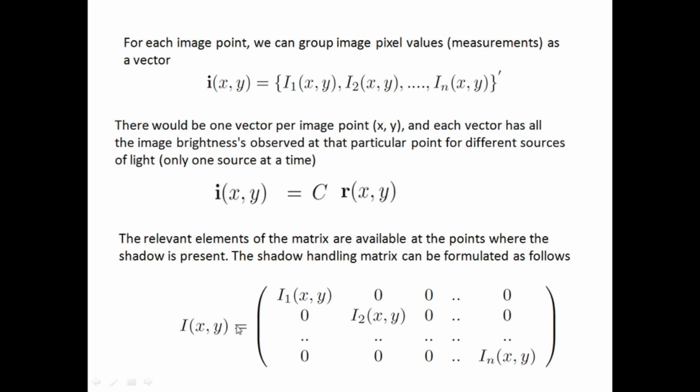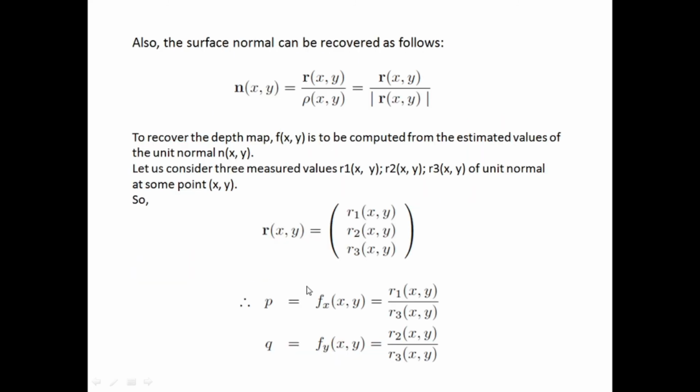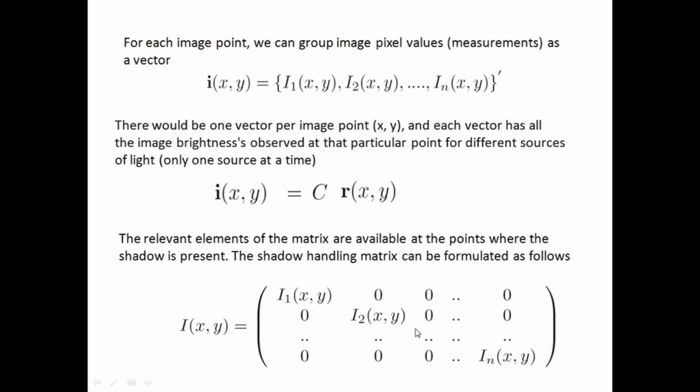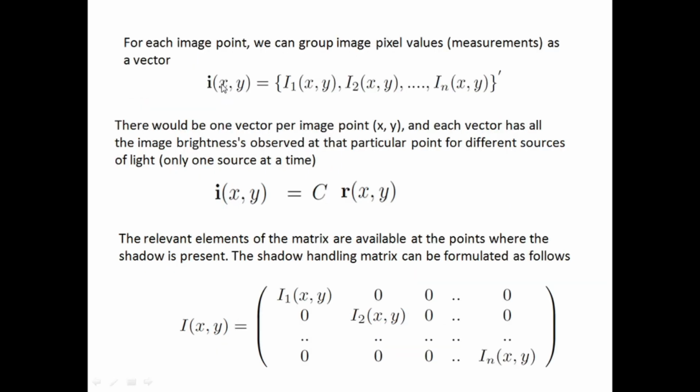Now what do I do? This one I just multiply with this equation. So I of x comma y is a generalized equation, CR of x comma y is a generalized equation. This I is nothing but this one, and this small I is also in vector form: I1 of x comma y, I2 of x comma y, transposed.